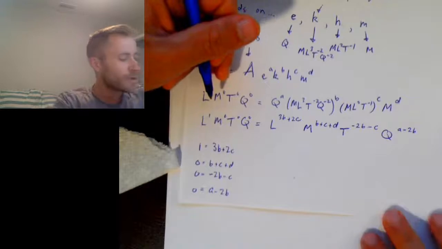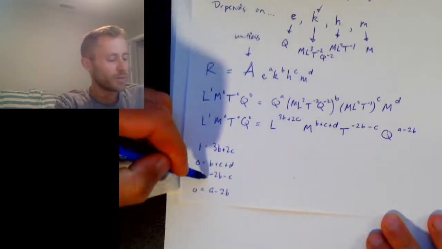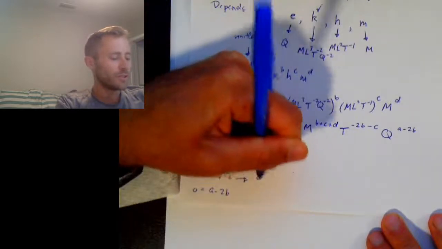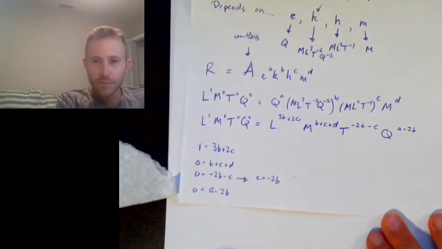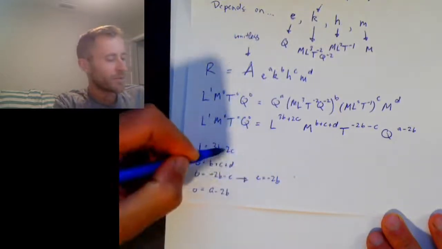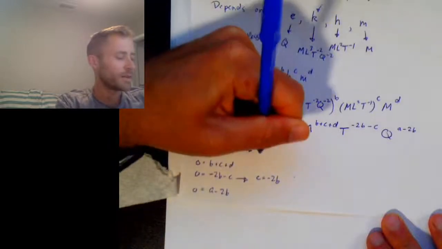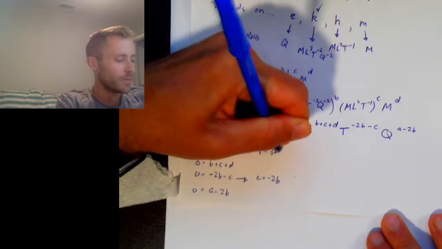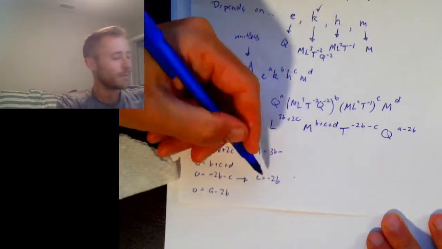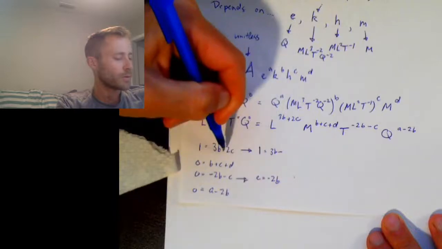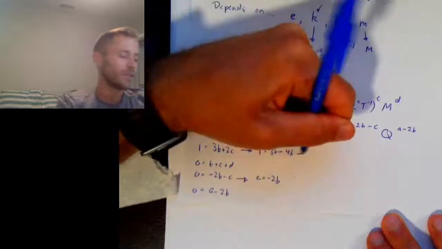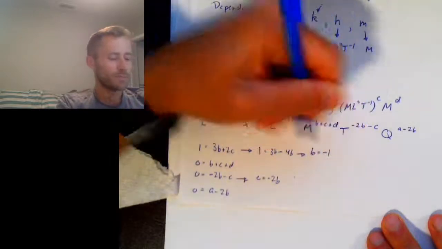All right. So what I'm going to do is take this equation. This equation says that c equals negative 2b. So I can plug that in here, and I have 1 equals 3b minus 4b. So that says that b equals negative 1.